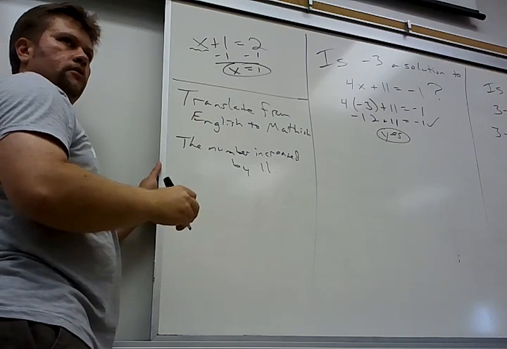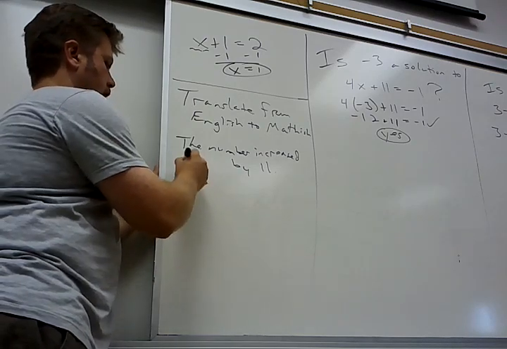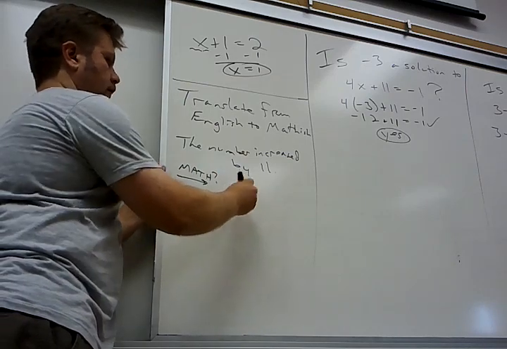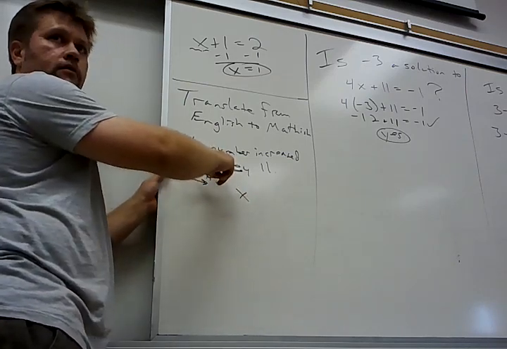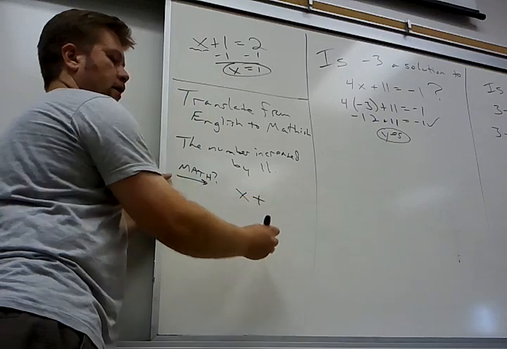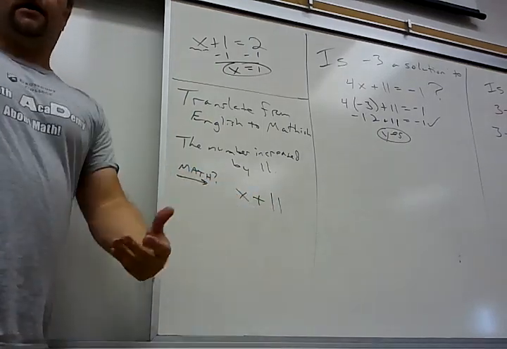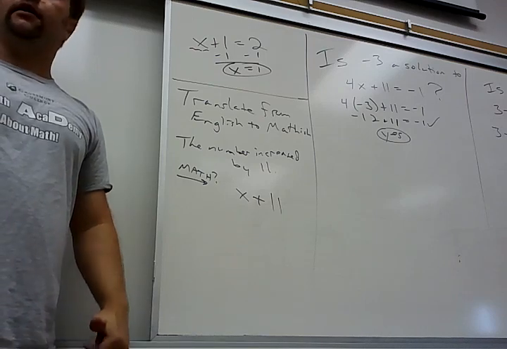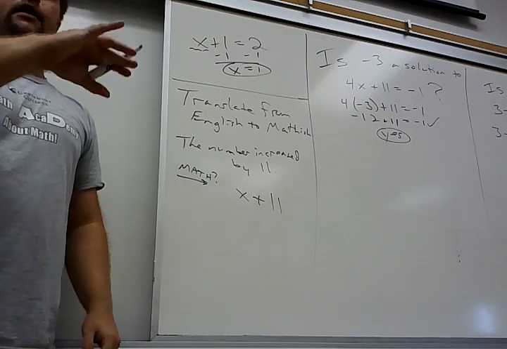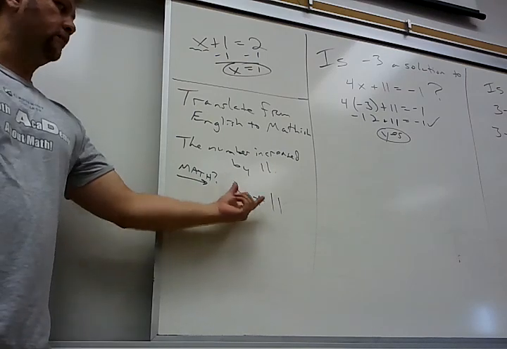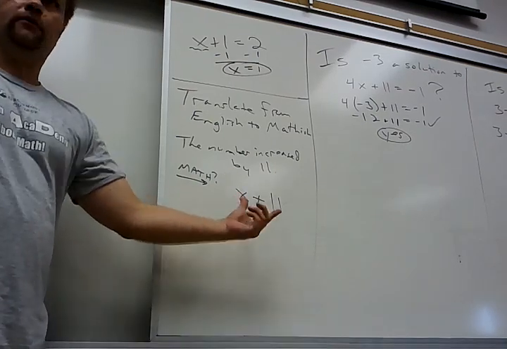So that's English. How do I translate that into math? X plus 11. I love it, because the number, I don't know what it is, increased by 11. Right? So that's the basics. And of course, eventually that's going to lead us to everybody's most hated topic, word problems. Because the first step in a word problem is just being able to do this, translate from English into math.